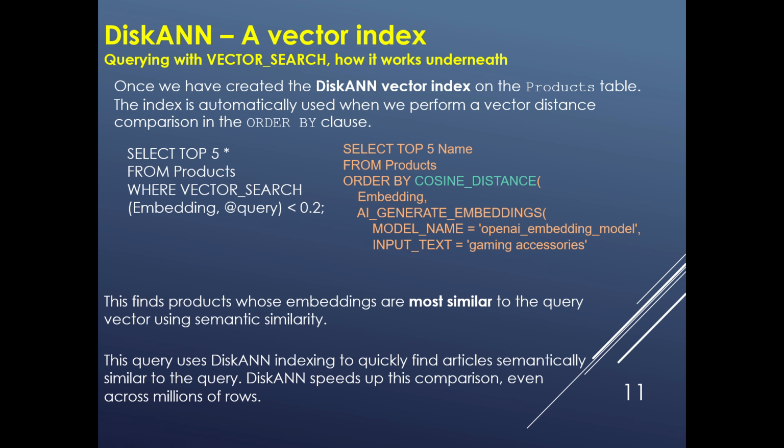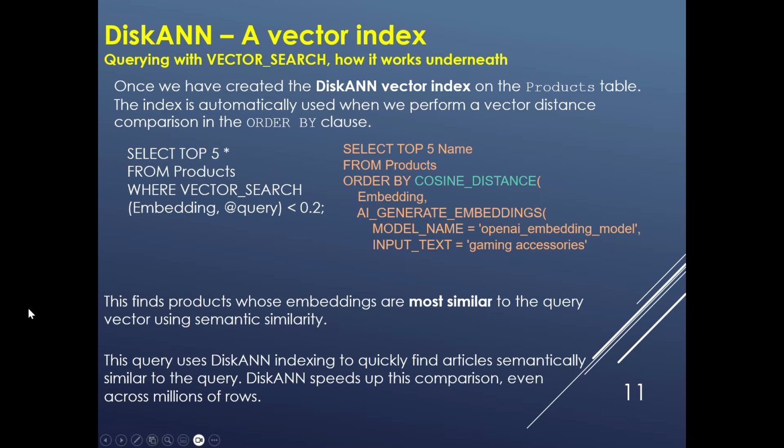It is designed for disk-based storage, not just in memory, making it scalable for billions of vectors. It is used in SQL Server 2025 for vector indexing to speed up similarity queries.